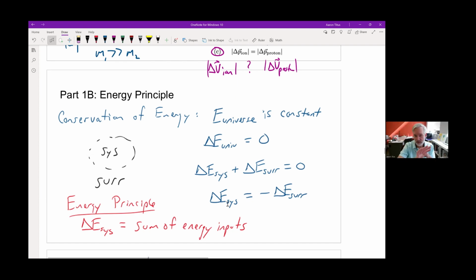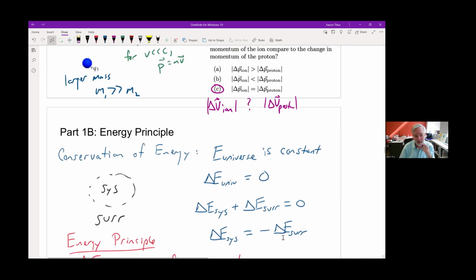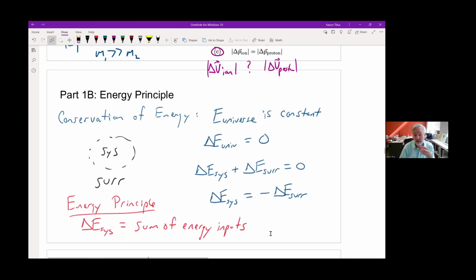Conservation of energy is that the energy of the universe is constant. So if the system has a change in energy, that's offset by the opposite change in the surroundings. The system gains energy, the surroundings had to lose the same amount of energy. The energy principle is just that the change in energy of the system is the sum of energy inputs. A negative input would be an output.